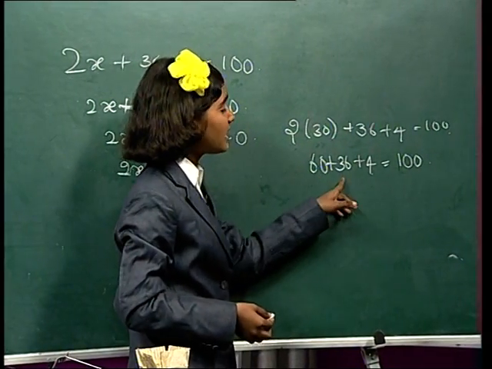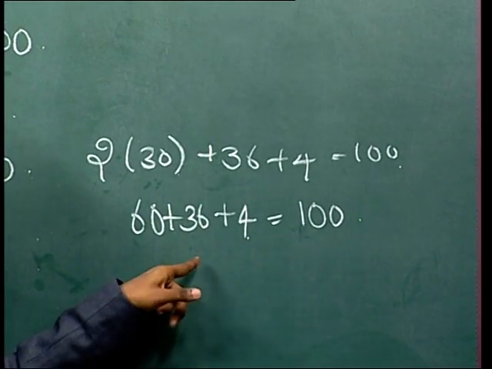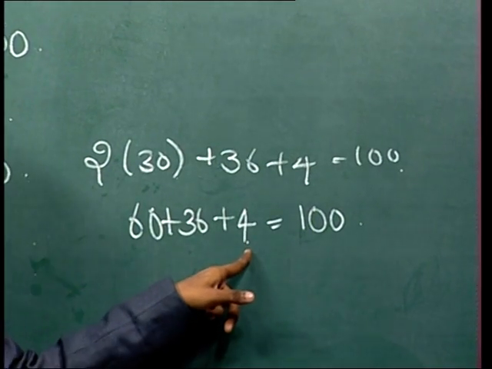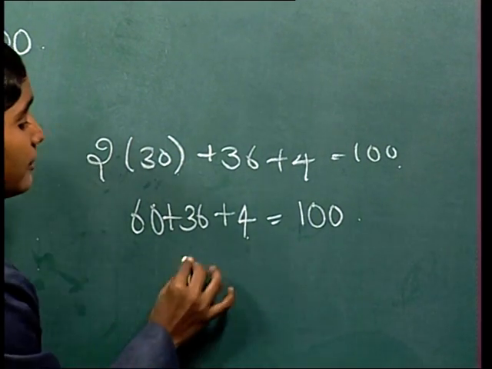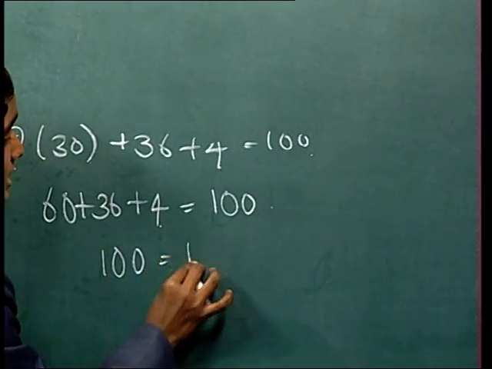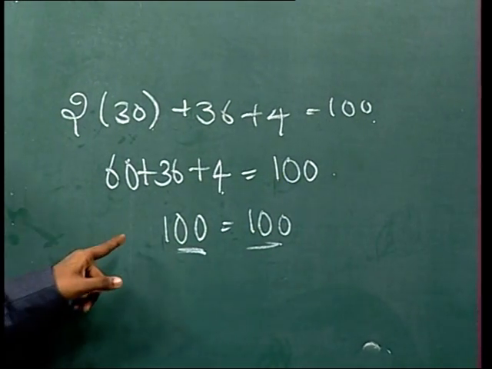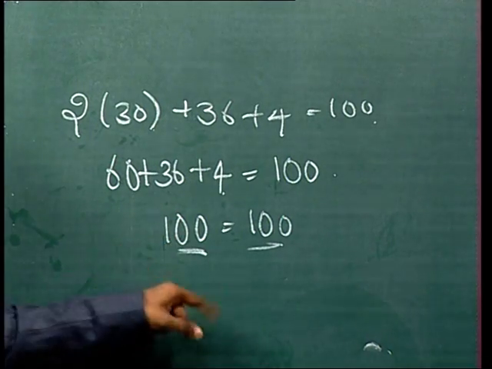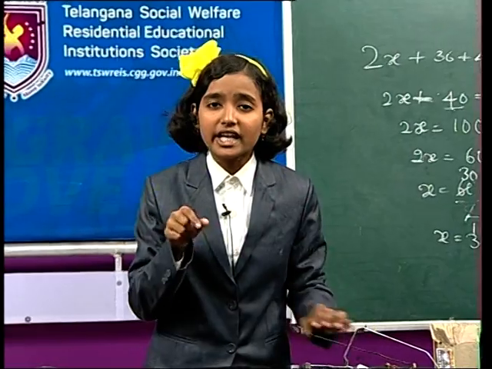So 60 plus 36, how much, friends? 60 plus 36 plus 4 is how much? As your expectation is correct, it is equal to 100. It is balanced or not? Here the value of x is balanced. So that's why it is an equation, and it is also an algebraic equation.